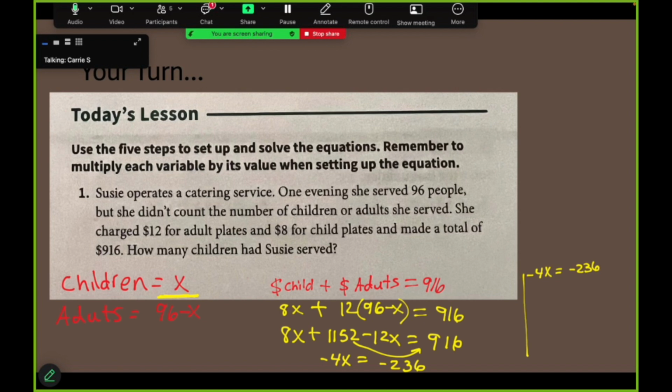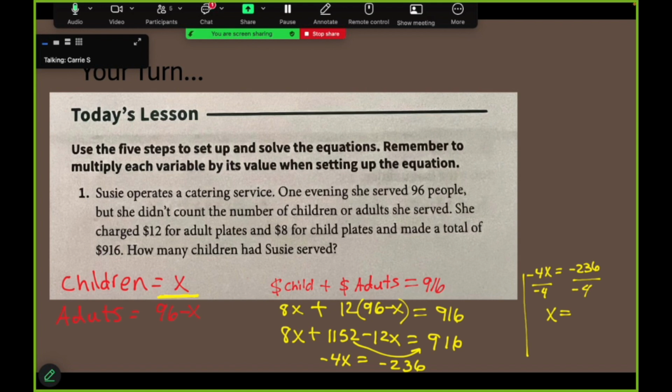Okay. Do you have the same numbers so far that I have? I haven't finished, but have I done everything right so far? Yes. Okay. Miss Carrie, where did you get the 1152? Good question. I love it when you ask that.